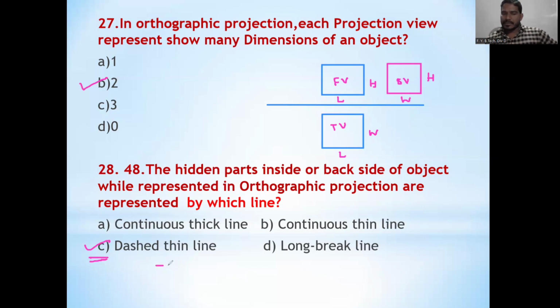If some hidden portion is there, we show it like this using dashed thin lines. So option C will be correct here. Okay, see the next one.